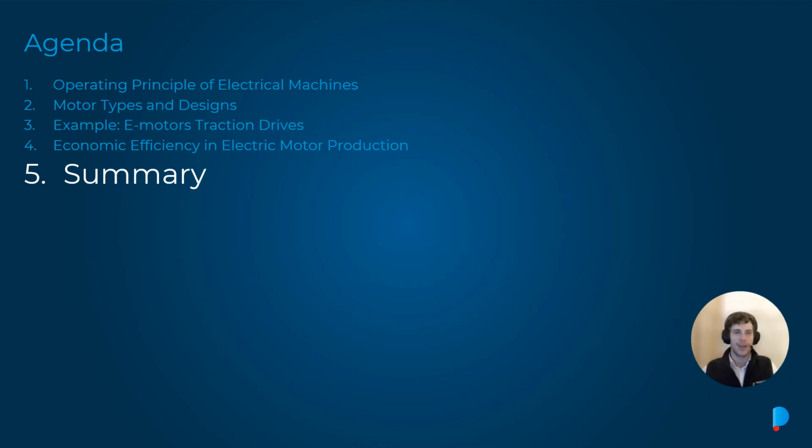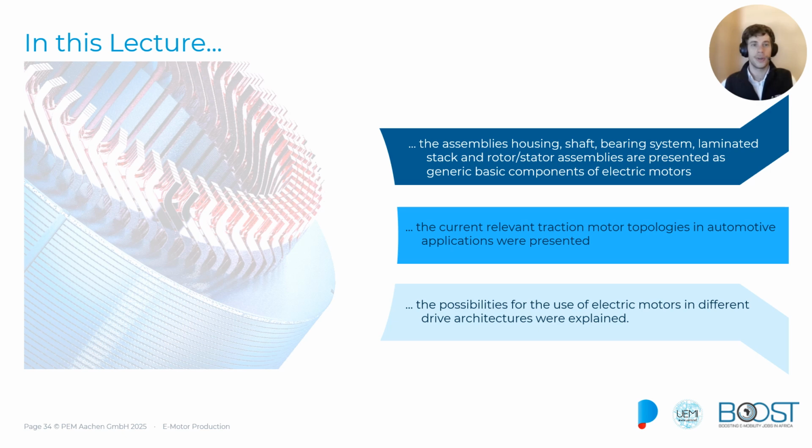That's all. Let's summarize what we learned today. In this lecture, the assemblies, housing, shaft, bearing system, laminated stack, and rotor-stator assemblies are presented as the basic components of electric motors.